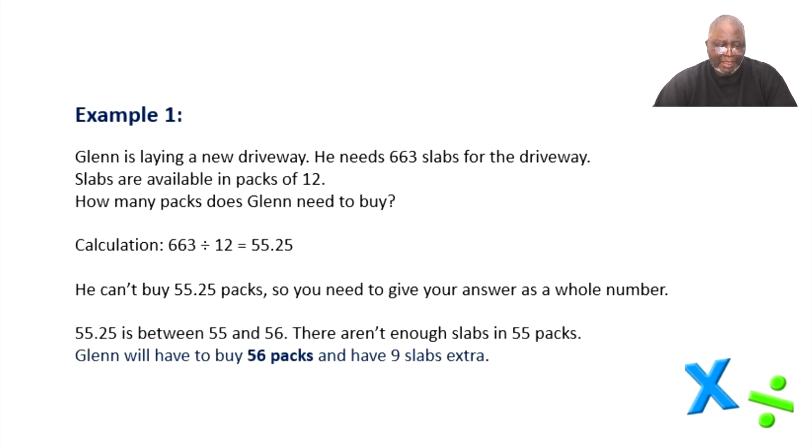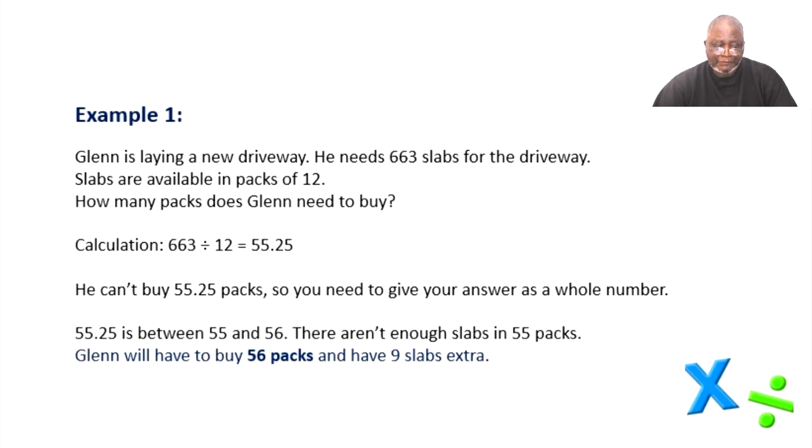Glenn is laying a new driveway. He needs 663 slabs for the driveway. Slabs are available in packs of 12. How many packs does Glenn need to buy? The calculation is 663 divided by 12, which is equal to 55.25.